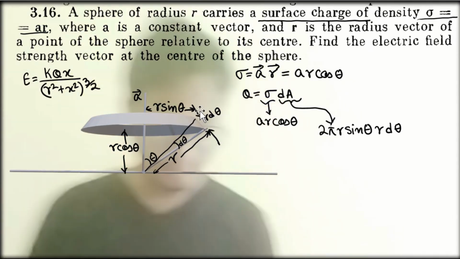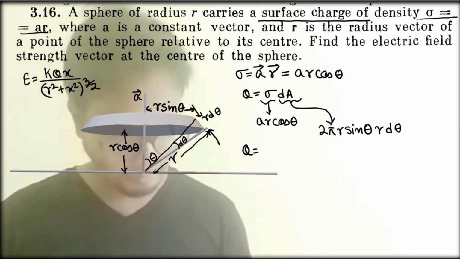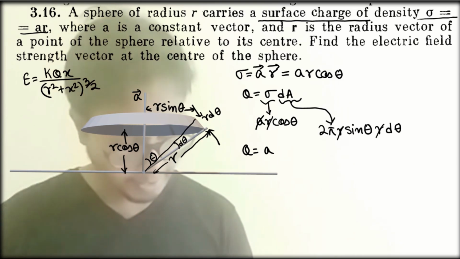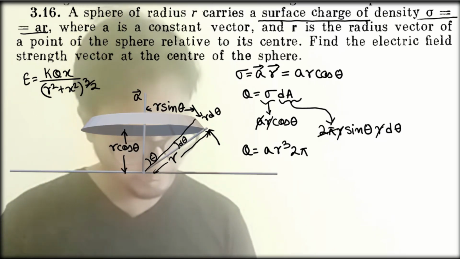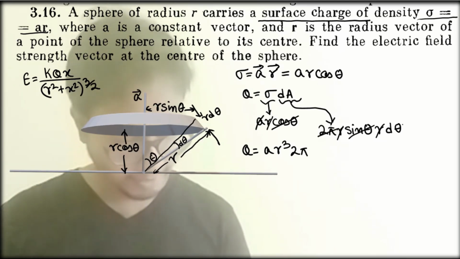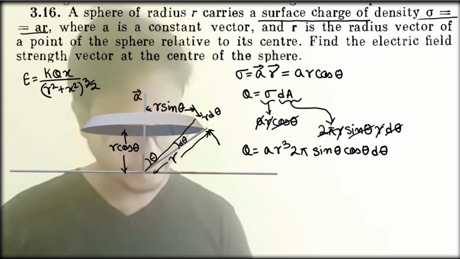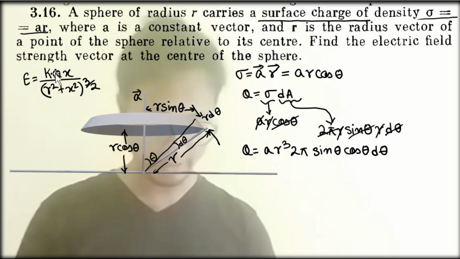Now if I integrate all the charges, R, R and R becomes R cube, 2 pi, into sine theta cos theta d theta. This is nothing but the value of q out here.